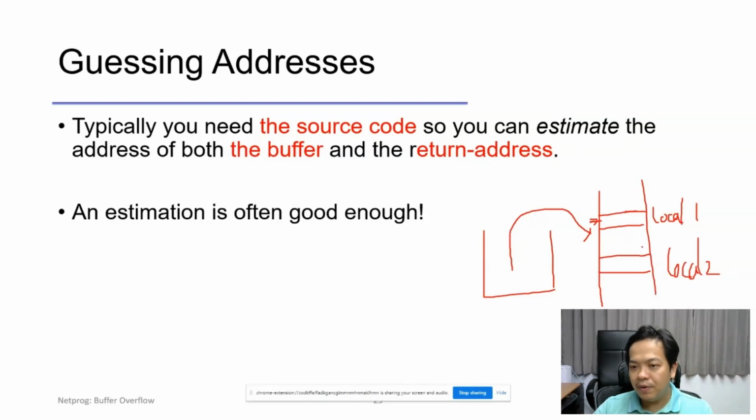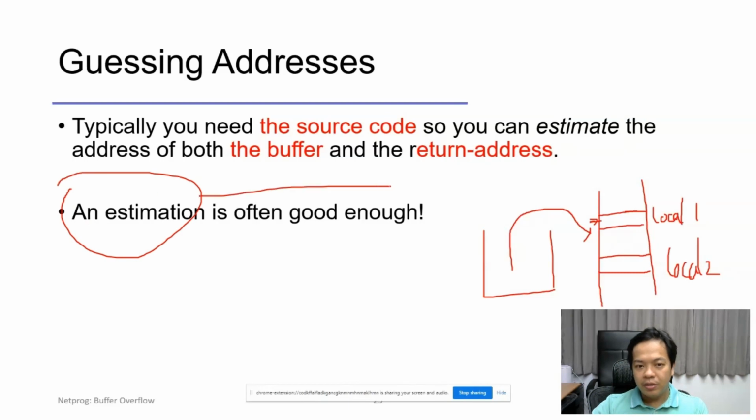That makes it very hard for a hacker to attack successfully, because it is very hard to predict where it goes. With some old operating systems an estimation was good enough, but with current systems it's very hard.